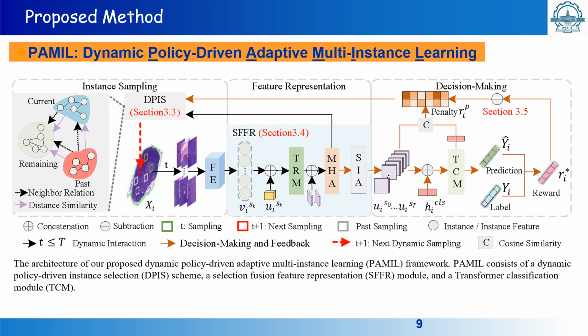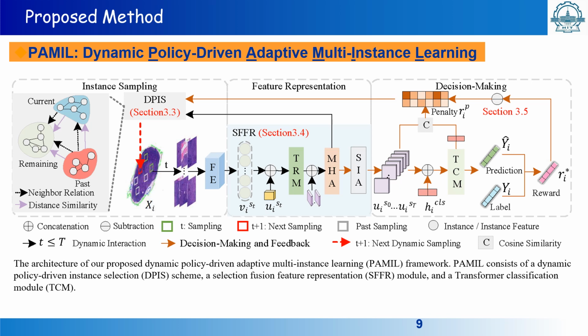To this end, we propose a dynamic policy-driven adaptive multi-instance learning (PAML) framework for WSI classification. PAML consists of a dynamic policy-driven instance selection (DPIS) scheme, a selection fusion feature representation (SFFR) module, and a transformer classification module (TCM). DPIS learns relationships among past, current, and remaining instances of the bag and samples instances embedded as feature vectors using a feature extractor (FE).